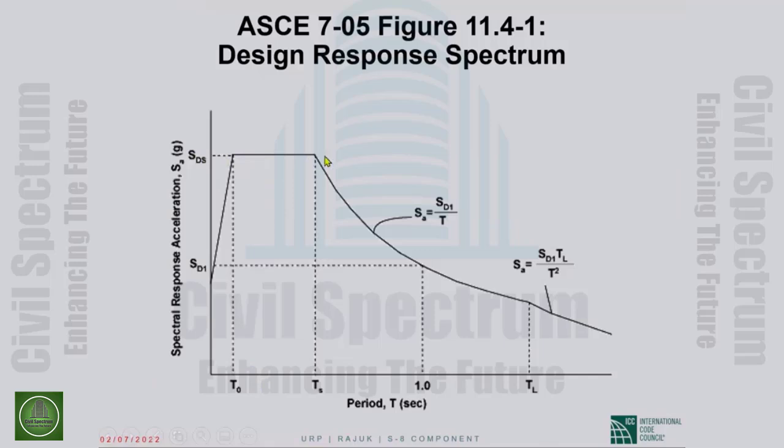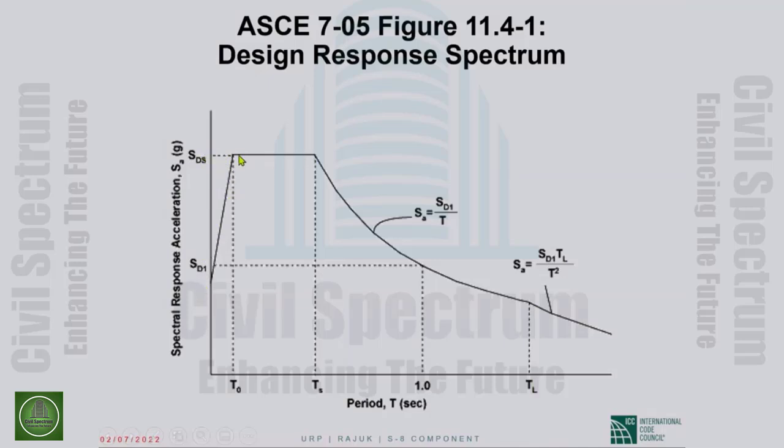So it has a flat top, a descending branch, which is defined by S sub D1, the ordinate to the spectrum at a period of 1.0 second. And then the descending branch ends at a long period transition period, as it is called, T sub L. And then the remainder of the spectrum varies with 1 over T squared. This is not considered a branch. This is a ramp building up to the flat top.